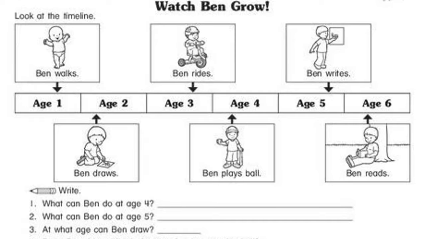So it's in chronological order. It's going from his first birth date all the way up to his age 6. Now, if you notice on this timeline, we have images or pictures. So this is helpful so that we could see the growth of Ben and his life and how much he has changed.